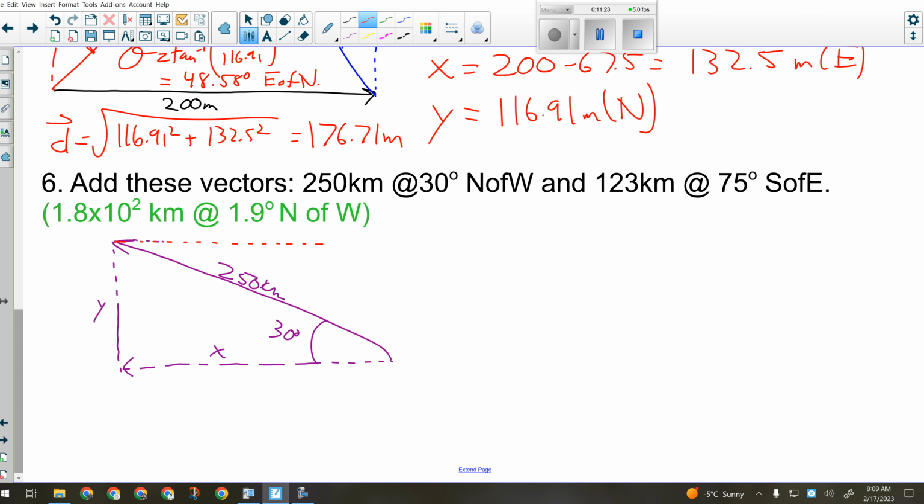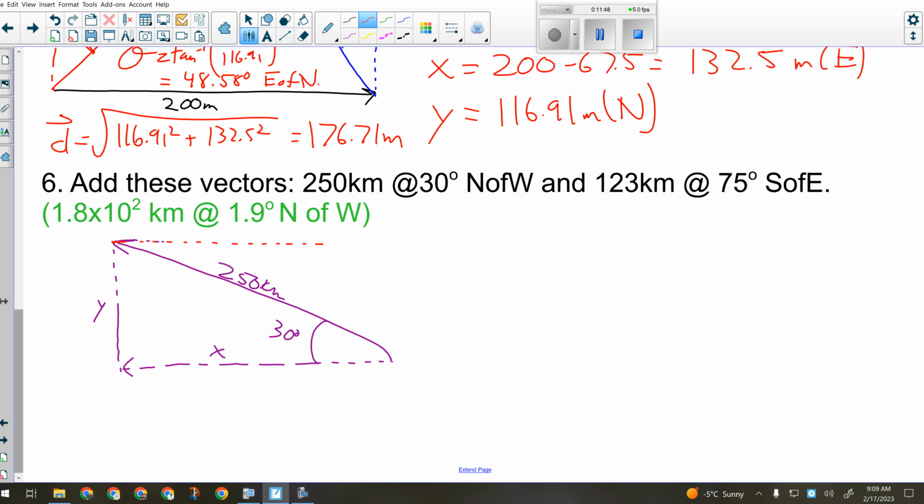That's for 123 kilometers. So I have to look at my scale here. I've got 250 kilometers for that length, and then I'm going to draw a line that's half that long, so only about this long. Everybody with me? Scale is going to be really important because I'm going almost straight down.